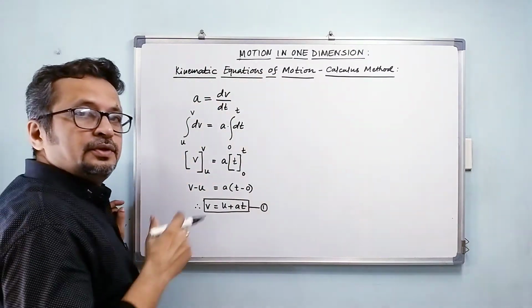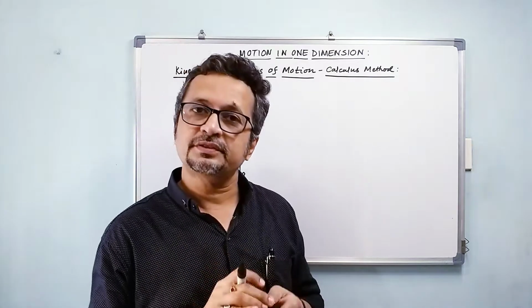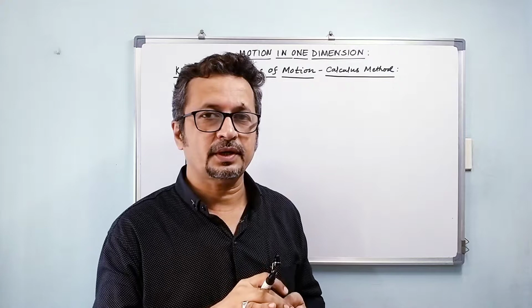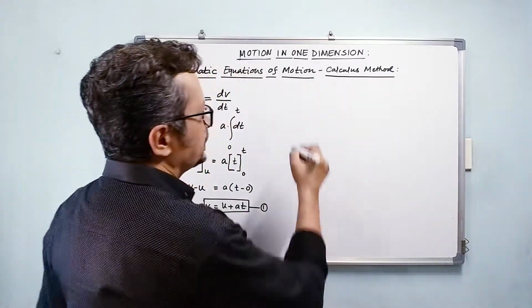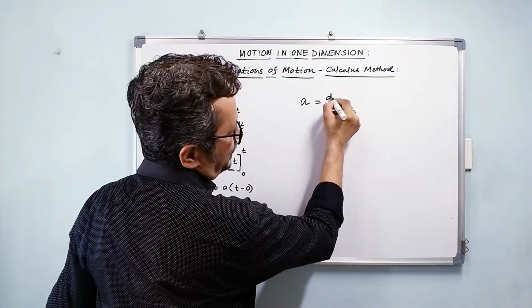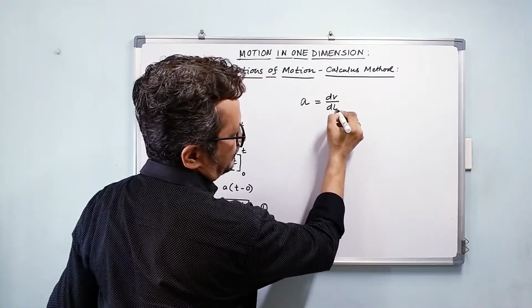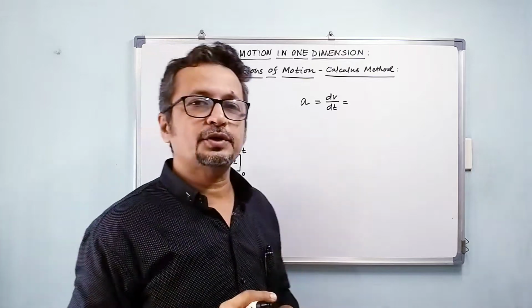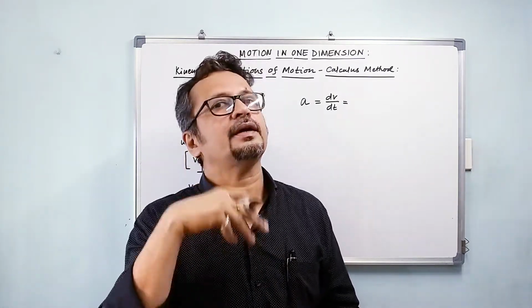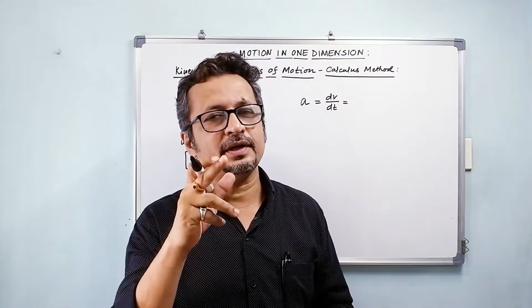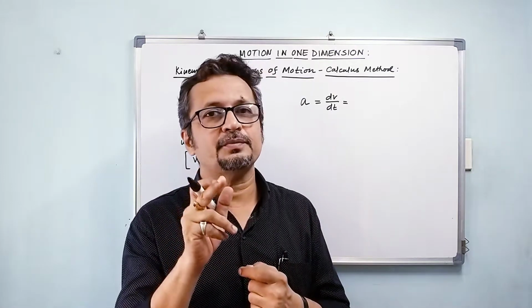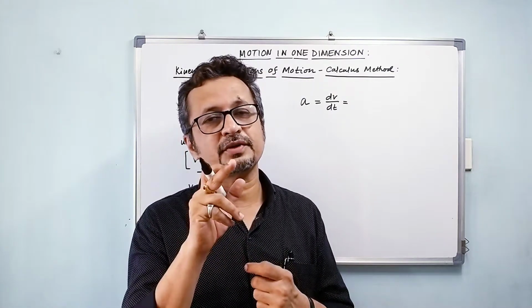Alright, so now the third equation is v square is equal to u square plus 2as. How do we do that? My acceleration is equal to dv by dt. Now here I'm going to use the chain rule from derivatives. For this chain rule and calculus in physics, refer to my videos on calculus in physics.